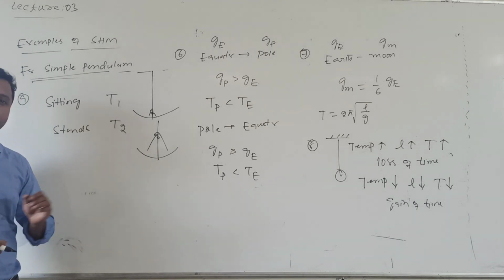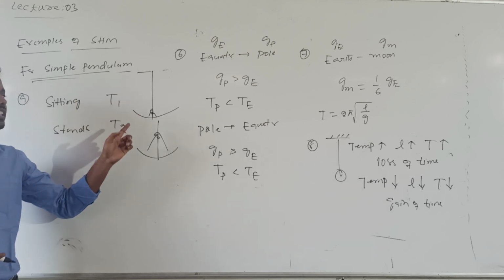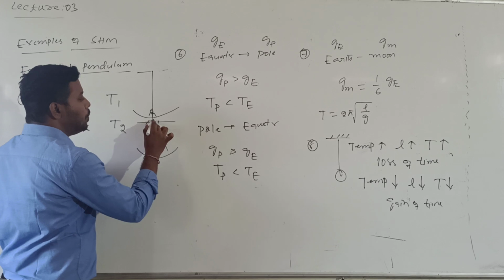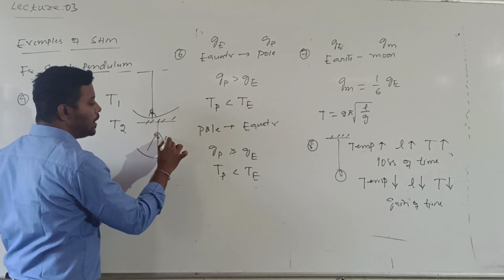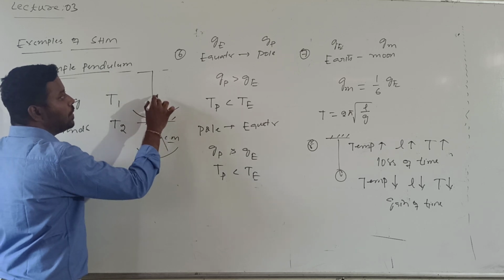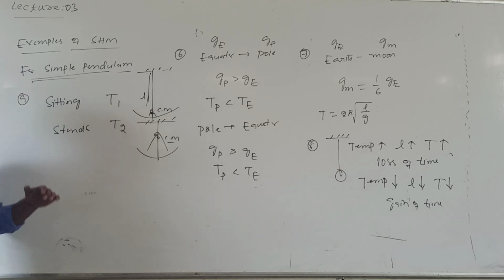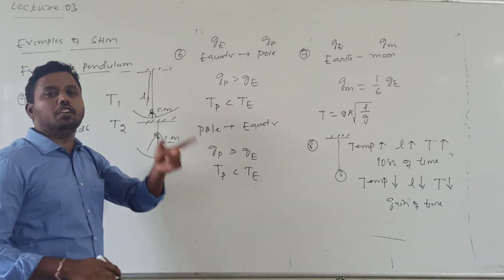Generally in these cases, to calculate the length of the simple pendulum, we measure the distance from the point of suspension to the center of mass or center of gravity. Initially when he is sitting, this is the center of mass, so this is the length value L1. In the standing position, the center of mass shifts upwards, so the length value decreases.